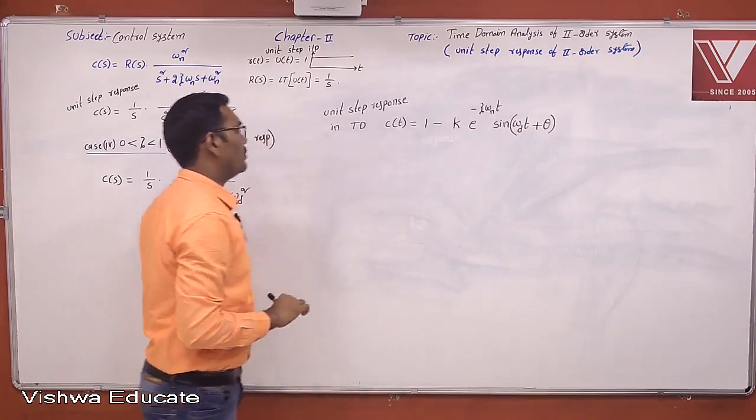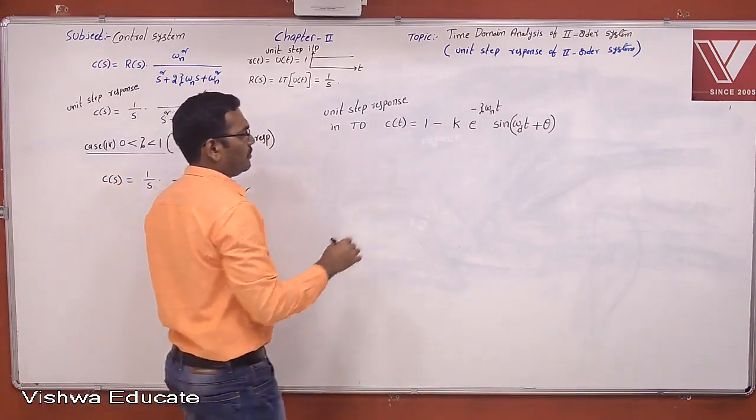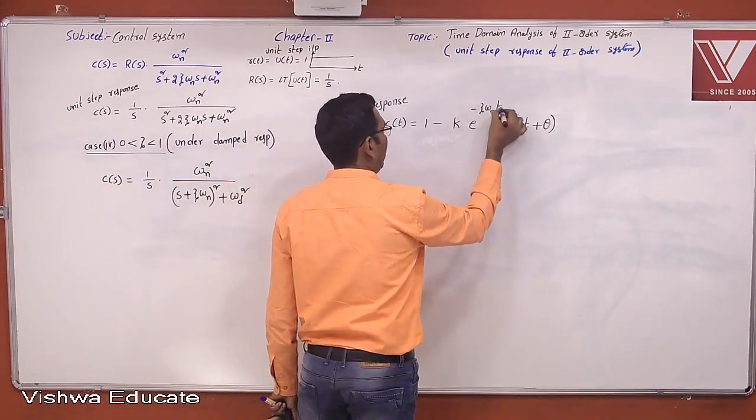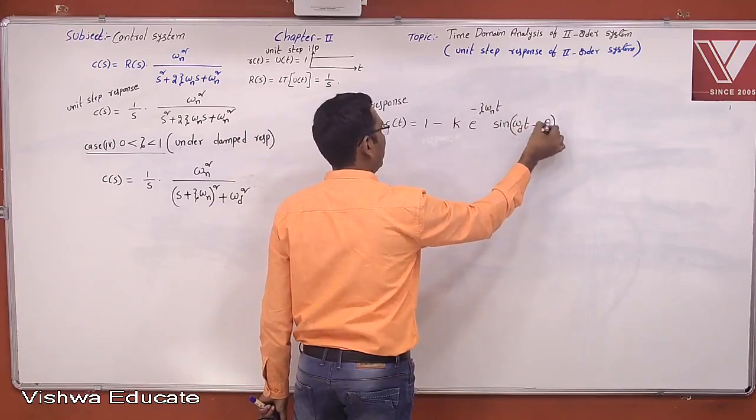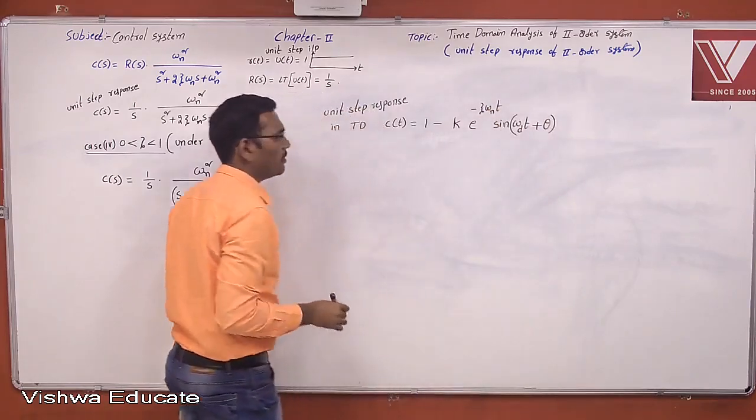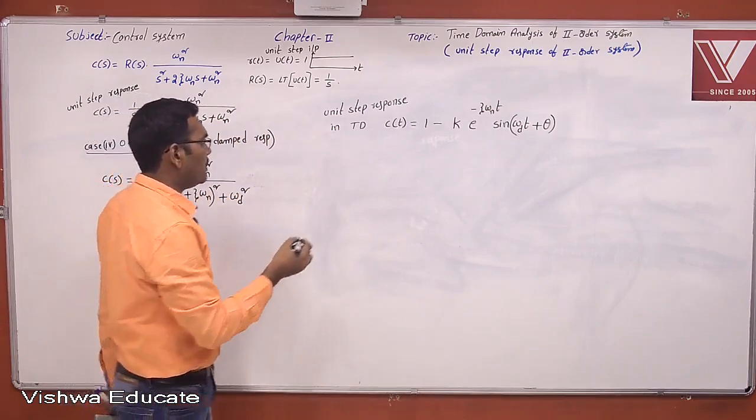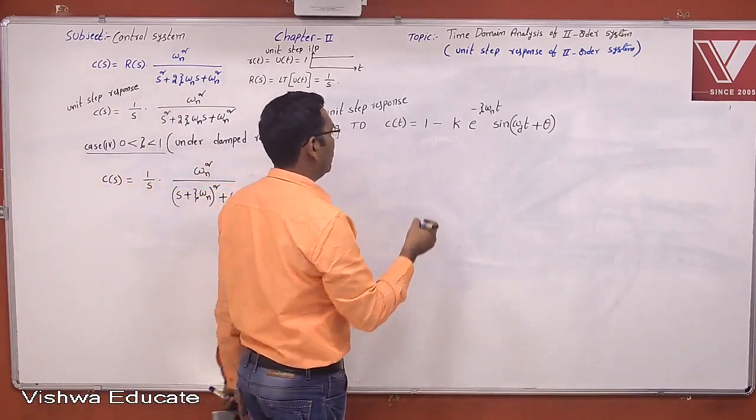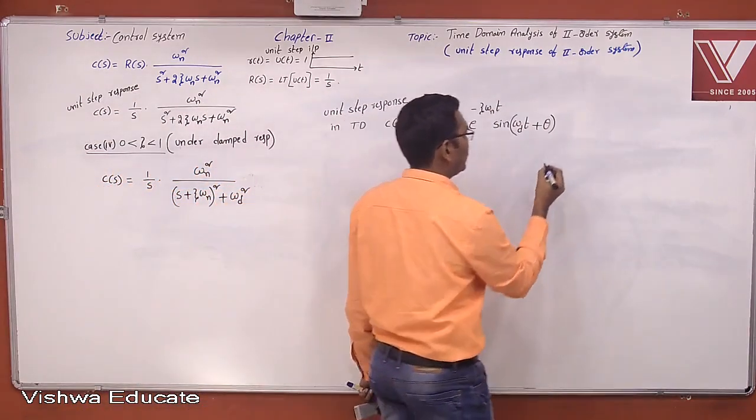Now this is k into e to the power minus zeta omega n t, real part, sine or cos of the imaginary part. What is theta and how to measure it, we will see. Okay, now first you draw the response. How is the response? You know it is 1 minus an exponentially decaying term.